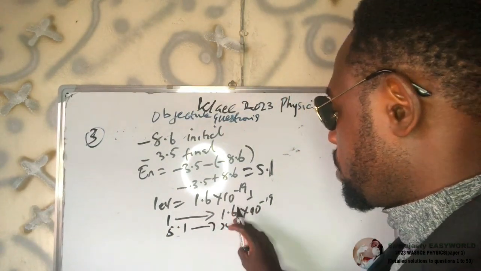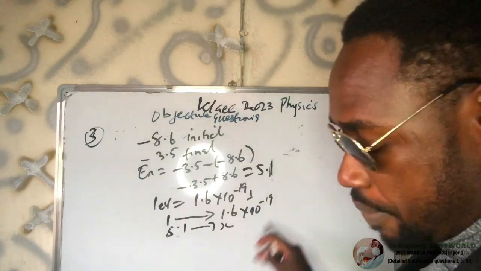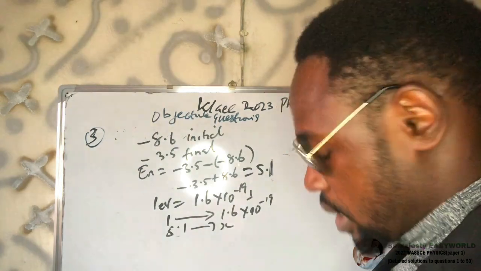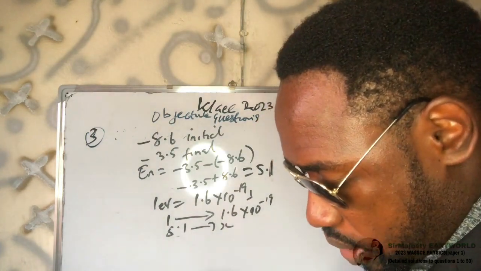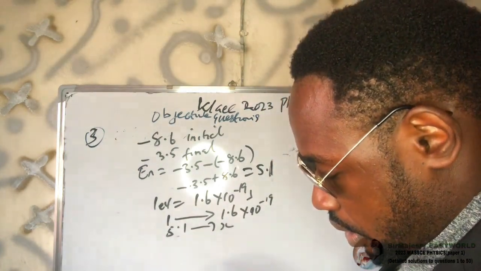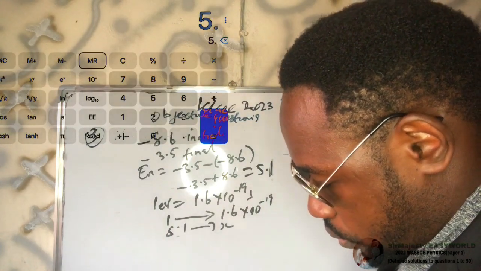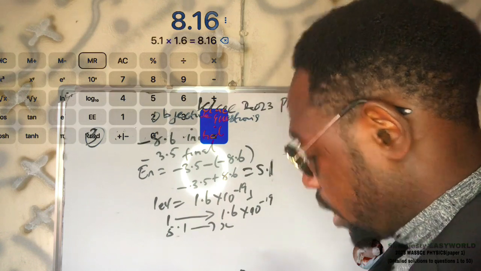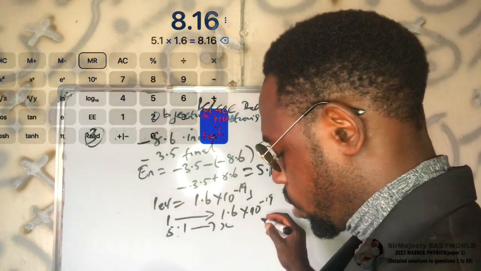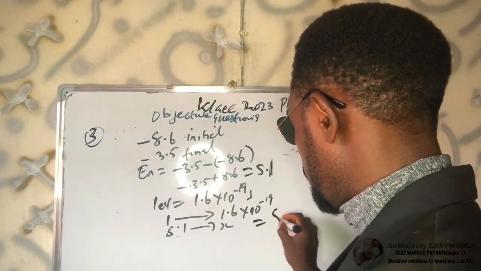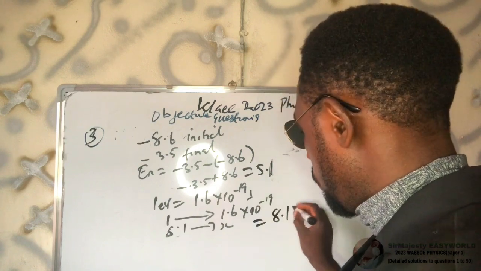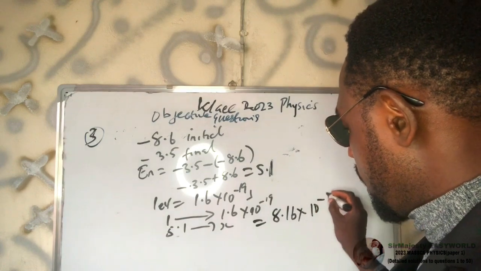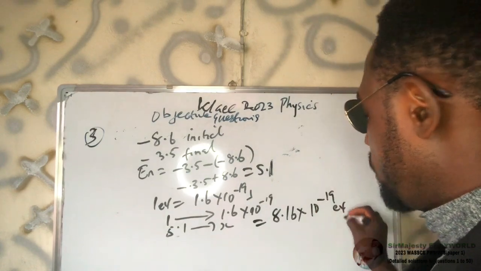Automatically we multiply these. The power will remain the same. So 5.1 times 1.6 will give us 8.16. So we have 8.16 times 10 raised to the power minus 19 in total.